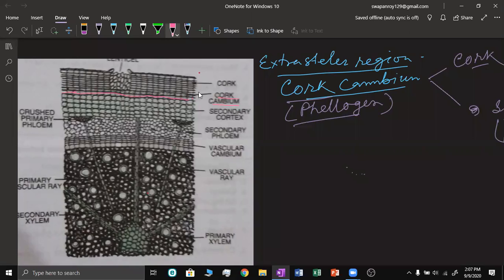And on the outer side, it is producing nicely arranged cells. This is the cork, that is phellem. And on the inner side, this portion of the tissue is the secondary cortex, or it is called phelloderm. Okay, this one is phellem.